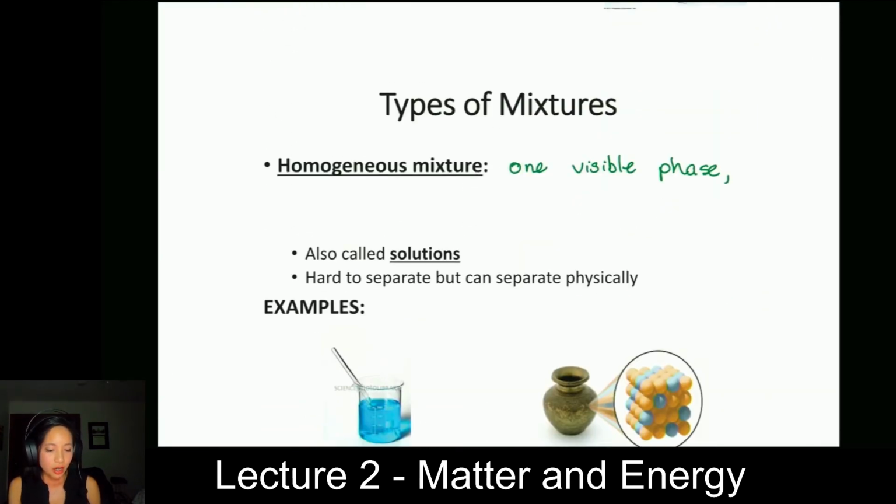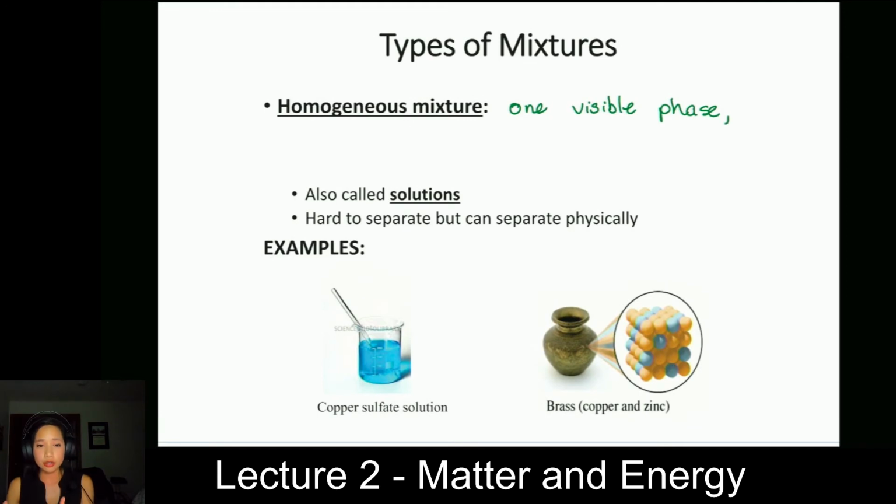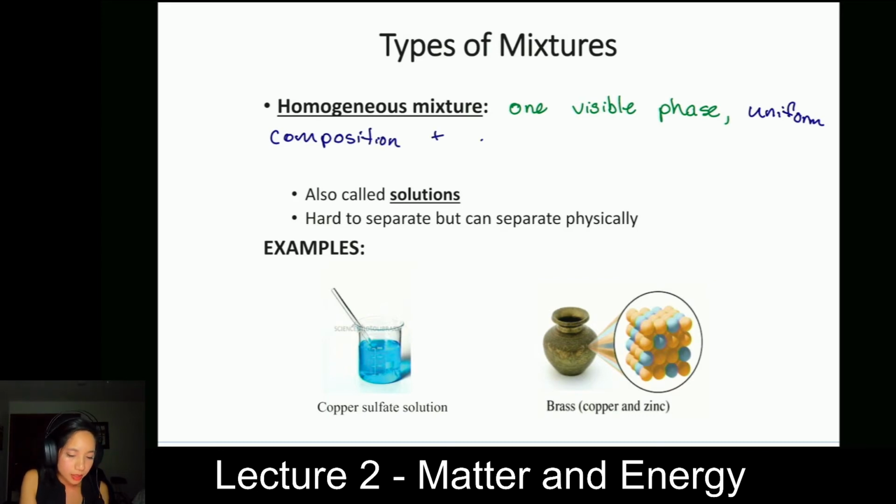Okay, so within mixtures, there are two different types of mixtures. Our first type is a homogeneous mixture, where there is one visible phase, or it's uniform. It has a uniform composition and properties throughout.